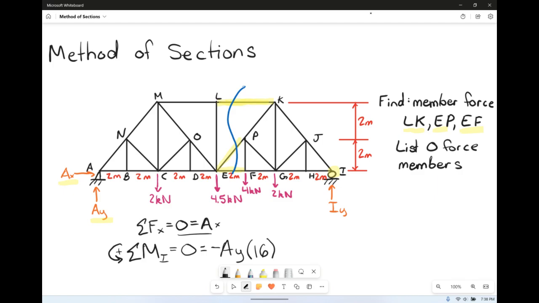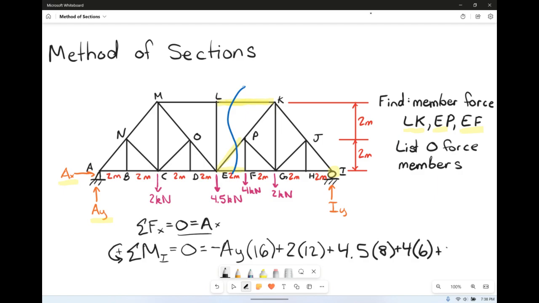Then we have a positive 2 kilonewtons, and its distance is going to be 2, 4, 6, 8, 10, 12 meters. Then we have plus 4.5 kilonewtons times 2, 4, 6, 8 meters. Then positive 4 kilonewtons times 2, 4, 6 meters.